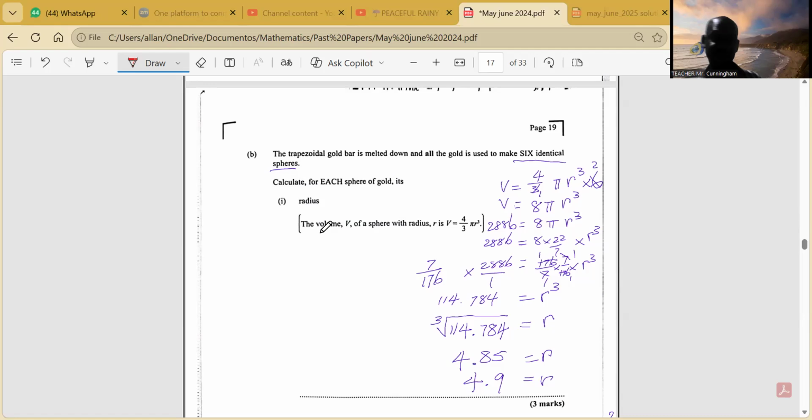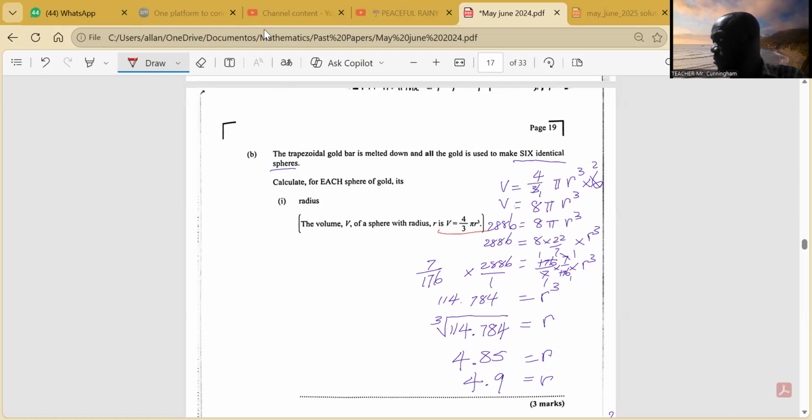Now, the problem with this is students will be confused because they said the volume 4/3, well, they gave it to us here.